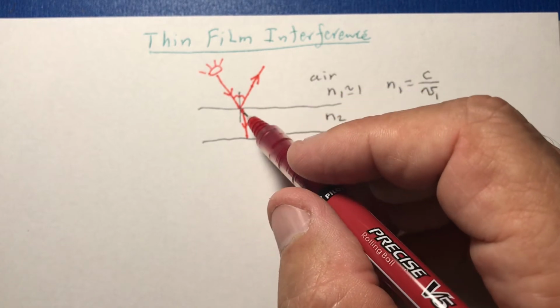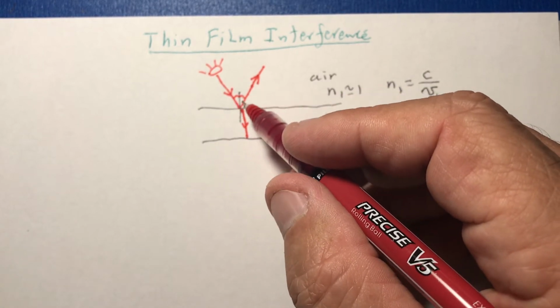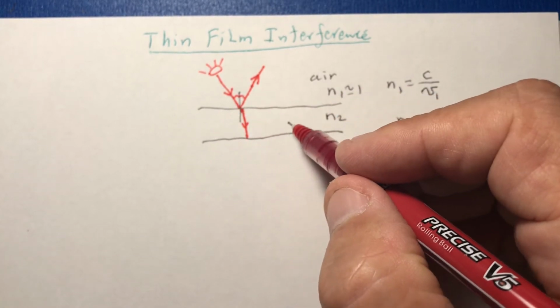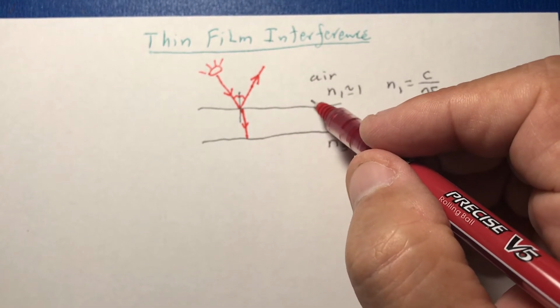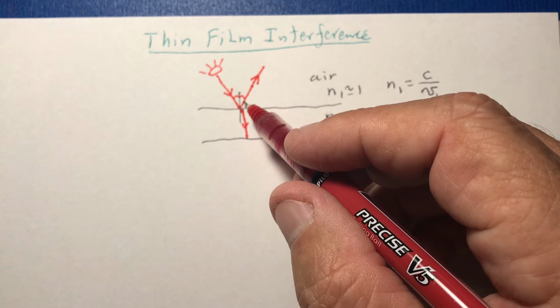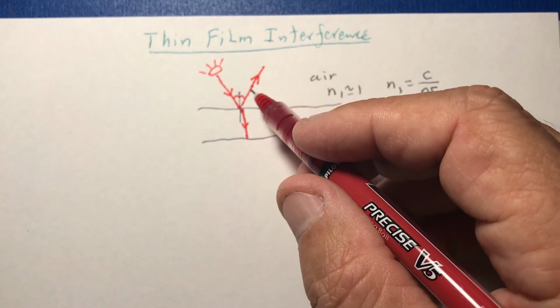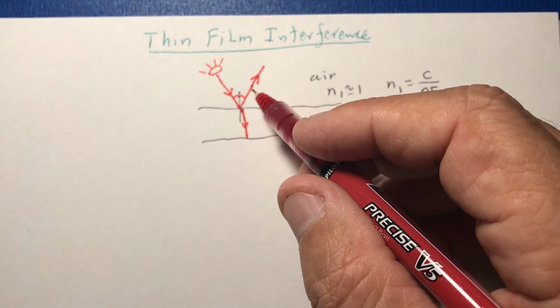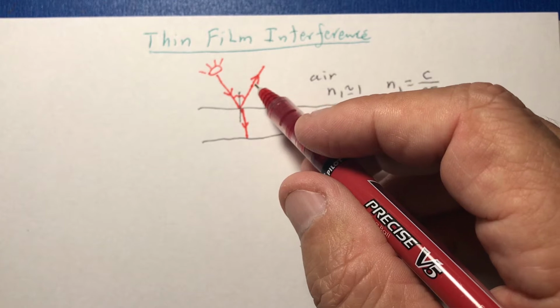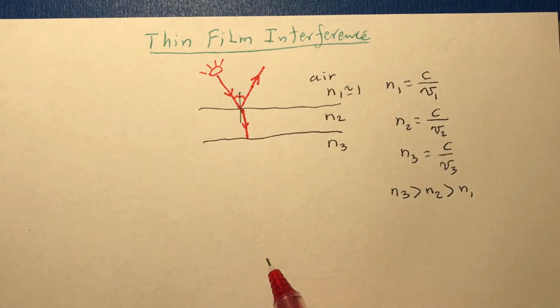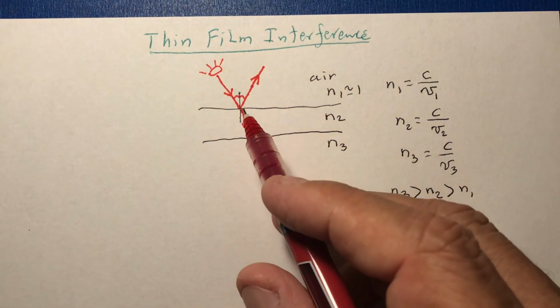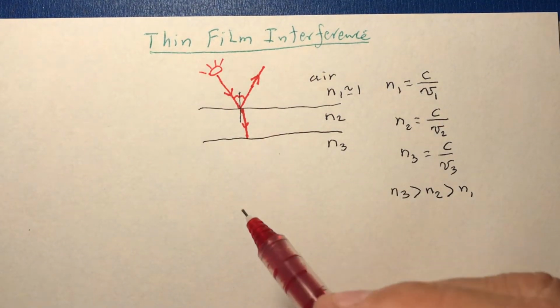Now, when the light reflects from the surface, if n2 is a higher index than n1, the light that's going to be reflected is going to be shifted by 180 degrees, or shifted by pi. What does that mean? We need to understand this before we move on.